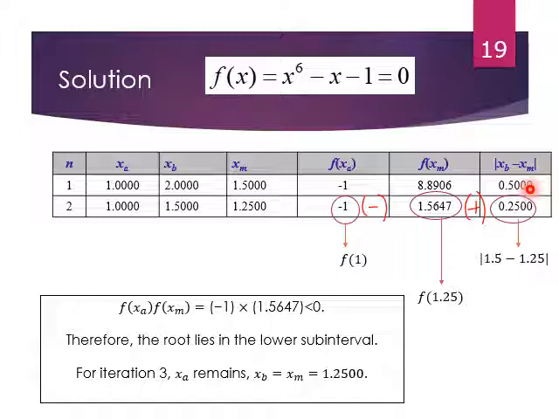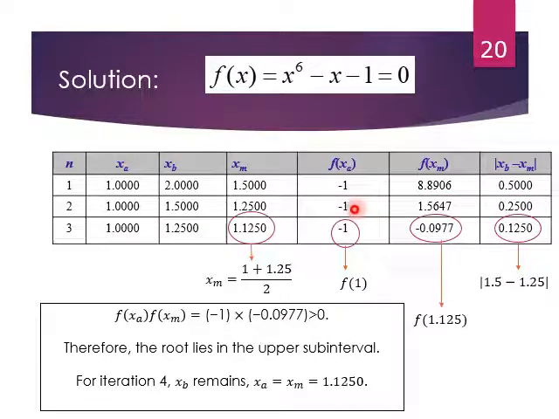Then calculate the error. Since we halve the interval, the error is half of the previous error. You can see that this is 0.5 for iteration 1, and the error for iteration 2 is 0.25, where we halve the error.